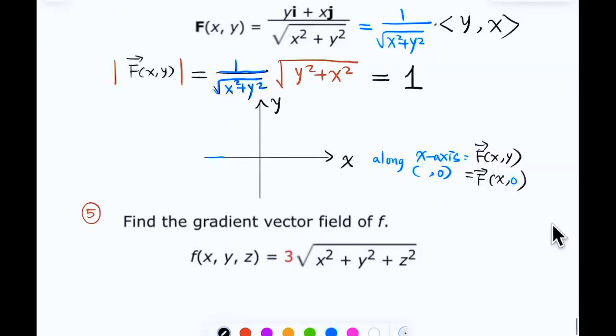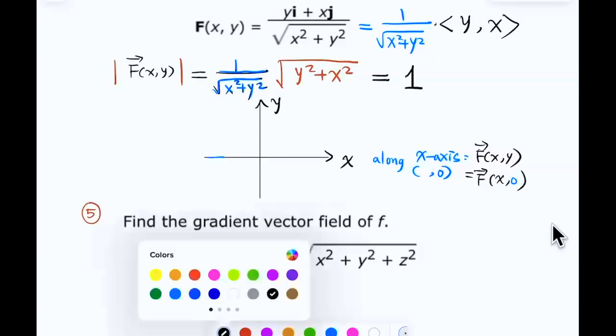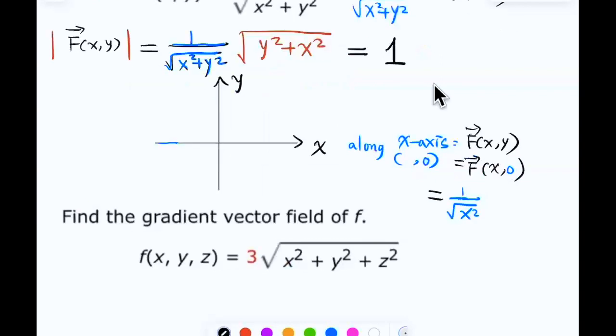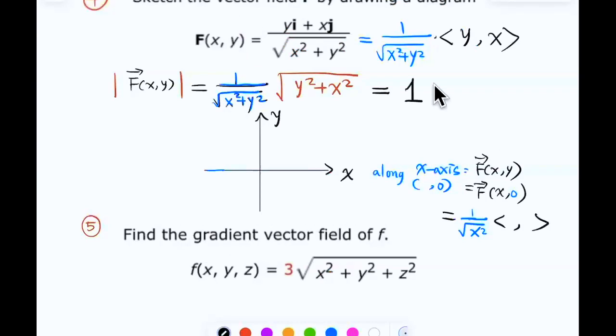According to this formula over here, we know the magnitude is 1, we just need the direction. So 1 over the square root of x squared, which is 1 over x. That's the first component, and then what will the second component be?